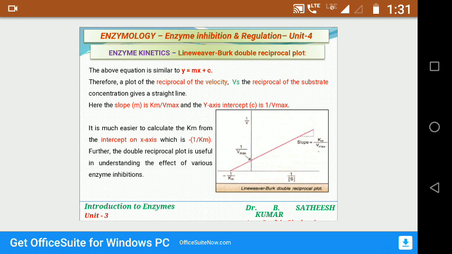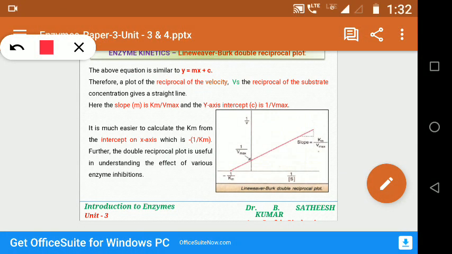Here on the x-axis, instead of S as in the substrate saturation curve, in this LB plot we will use 1 by S. We will use 1 by S on the x-axis and 1 by V on the y-axis. By taking these reciprocals and substituting all the values, by gradually increasing the substrate concentration levels, we will get a straight line which is similar to the y equal to mx plus c form.